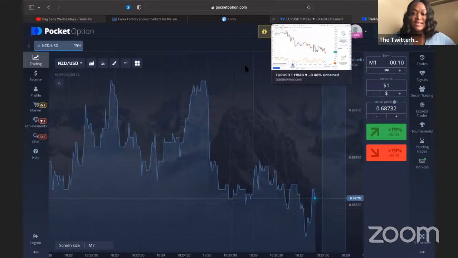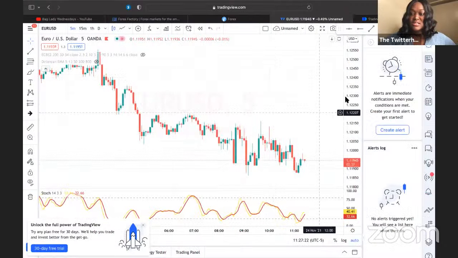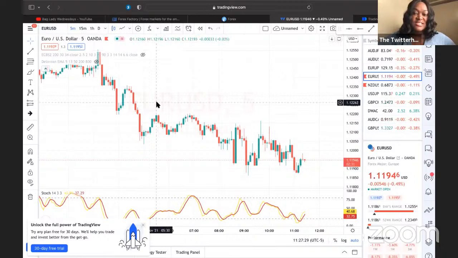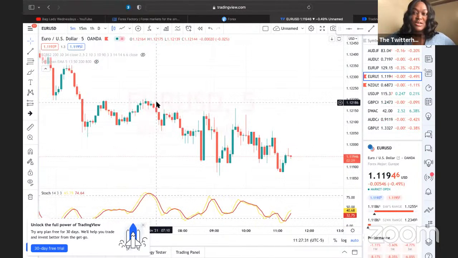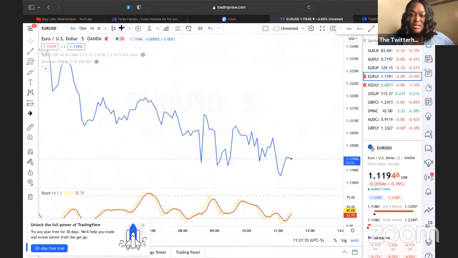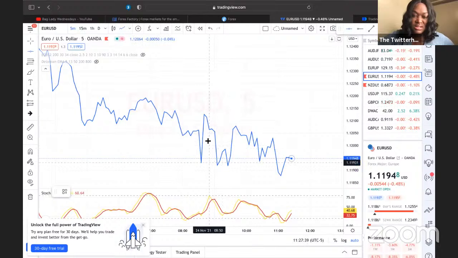So I had said we're going to analyze Euro USD and NZD USD. We're on the Euro USD chart already, so I'm just going to take a quick look. What time is it? 11:27.